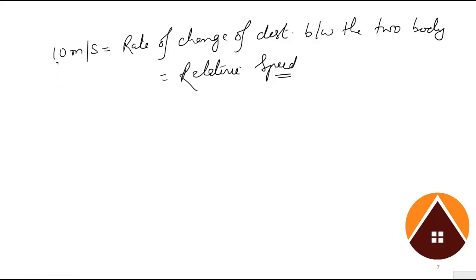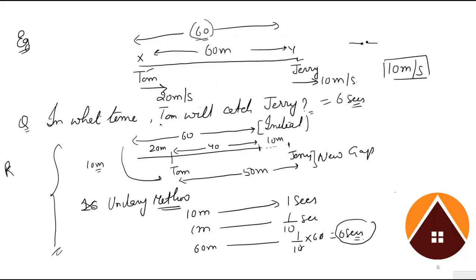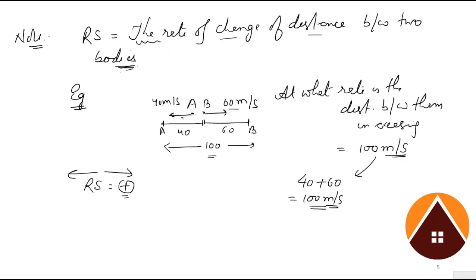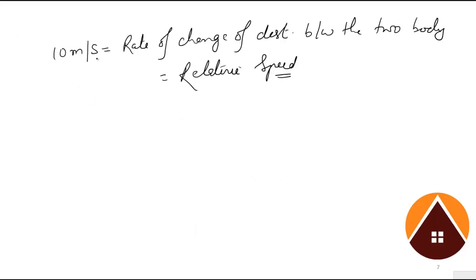You remember, we can get this 10 from here, 20 minus 10. So this 10 meter per second can be written like this: 20 minus 10, I get 10 meter per second. And you also remember, I had discussed in the first slide, when the two bodies are moving in the same direction, relative speed is the difference of the two speeds.